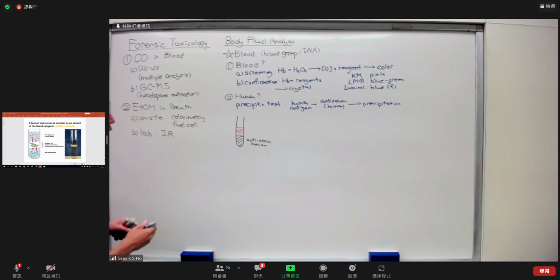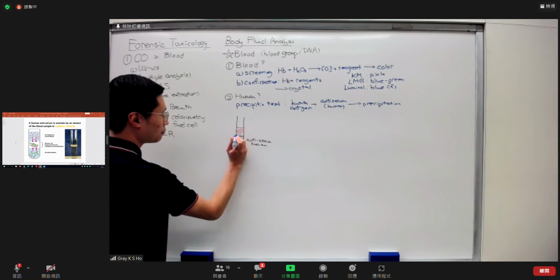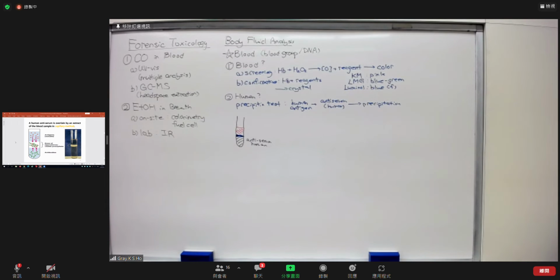If right now we can see some precipitation at the interface of the two layers, then the blood belongs to human, because the anti-serum from human will only react to human antigen to result in precipitation.